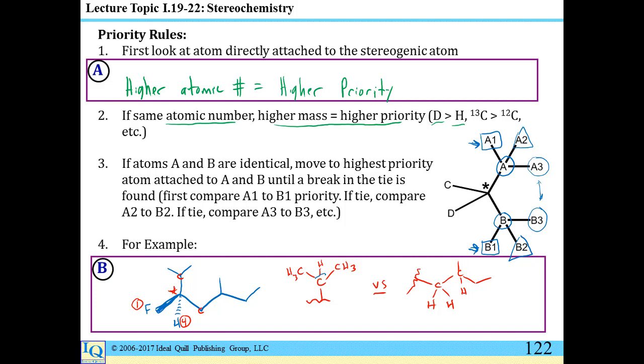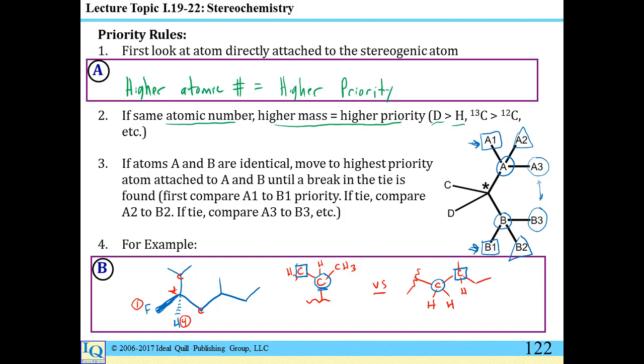I've drawn these out in a little more detail. Because the initial comparison site of carbon to carbon ties, we look for the highest atomic number atom coming off of each of those carbons. In the first case, the highest atomic number is carbon. In the second case, the highest atomic number is also carbon. So comparing those two carbons in squares, they again tie.